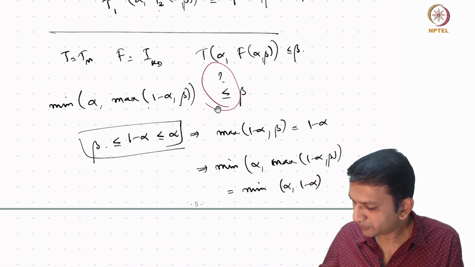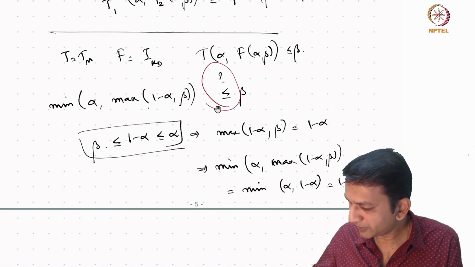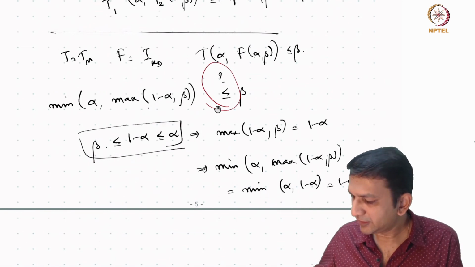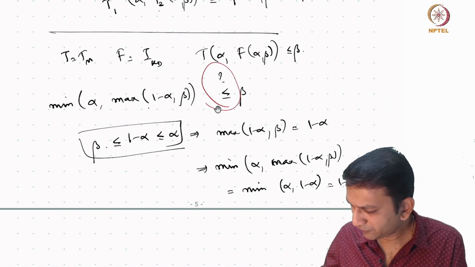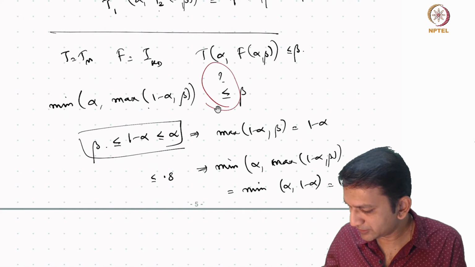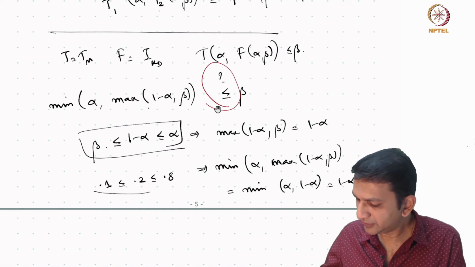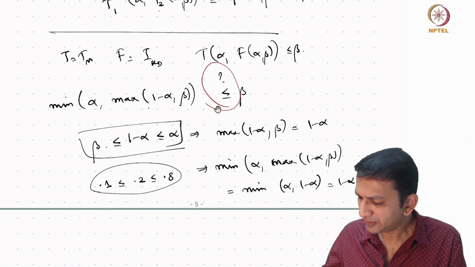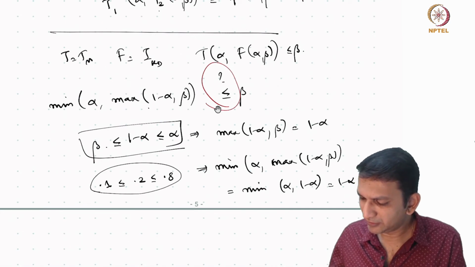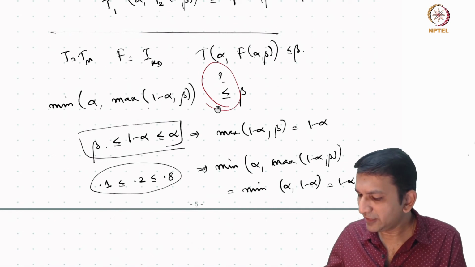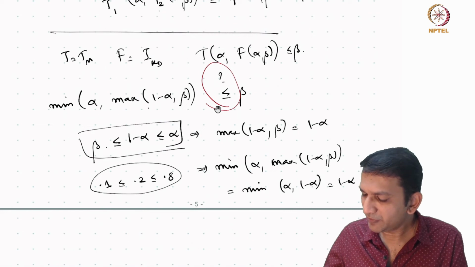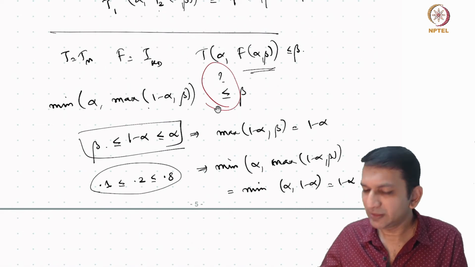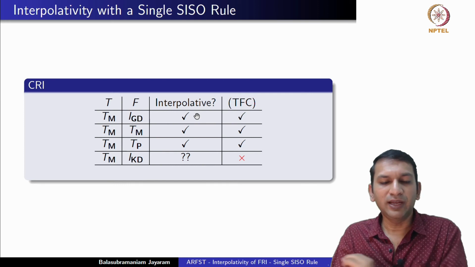From this we see that it is in fact 1 minus alpha, which is greater than beta and not less than or equal to beta. Of course, if you take alpha to be say 0.8, then 1 minus alpha is 0.2. If you pick beta to be 0.1, this couple alpha and beta satisfy this triple of inequalities, and we see that for that pair alpha beta, Tm and IKD do not satisfy this inequality. Thus, they are not interpolative.